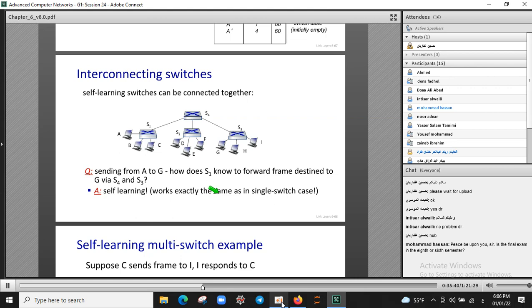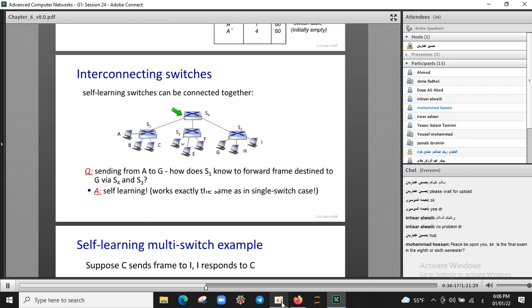We can put a switch over those floors, sections, and parts, and then connect them together using another switch. It means I can make a hierarchy in my network inside a faculty, inside a building.